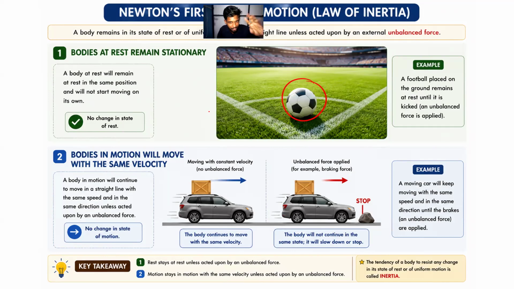If he didn't catch the ball, the ball will keep moving with the same velocity. Now come to the law. Until an unbalanced force is applied by the goalkeeper, the ball will move with the same velocity. Until an unbalanced force is applied, the bodies in motion will keep moving with the same velocity, same like the ball.